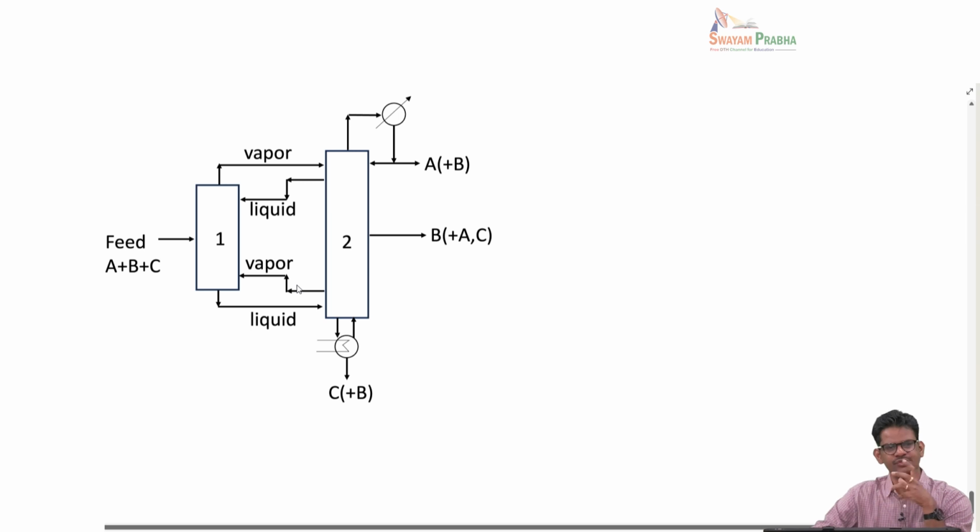So you can also think about much more complex designs like this, and there are n number of such choices one can make. And like I said before, which one will be successful, which one will be chosen is again determined by the economic considerations and what purity we want and so on.